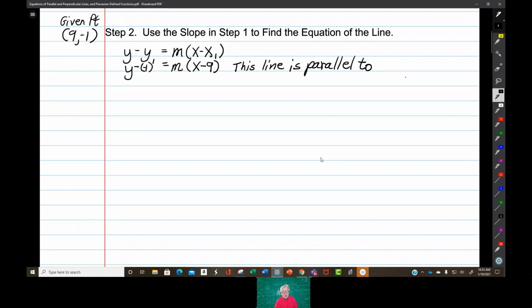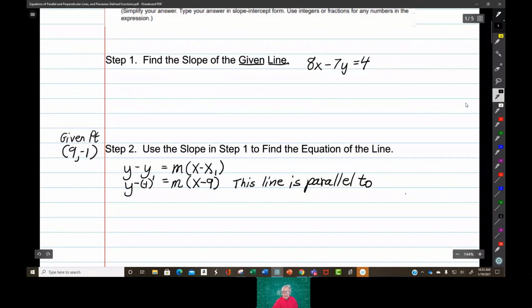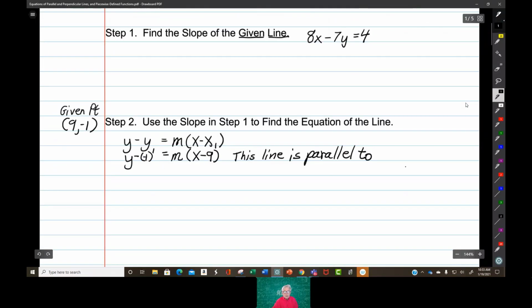I hate my phone. All right, this line is parallel to the given line. Well, the given line is 8x minus 7y equals 4.